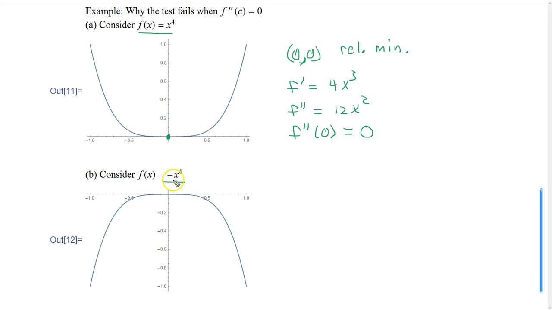Now if we simply change this function by putting a negative there, so now we're considering the function negative x to the fourth, notice that 0, 0 down here is a relative maximum now. It's actually an absolute maximum, but it is a relative maximum.